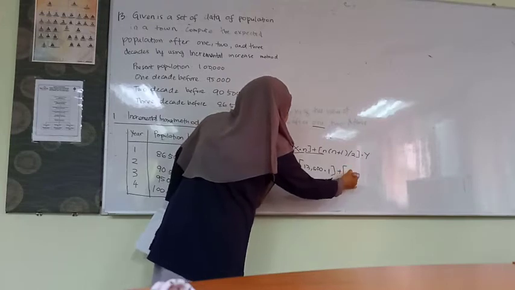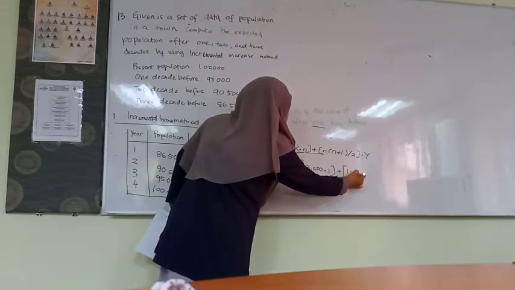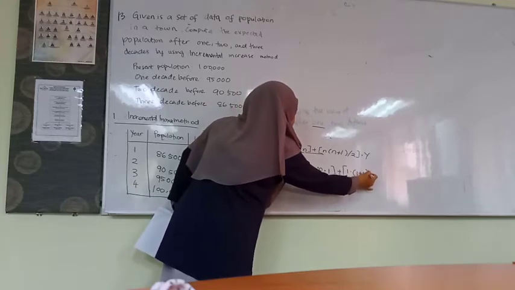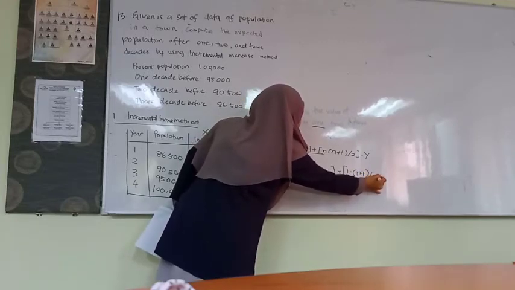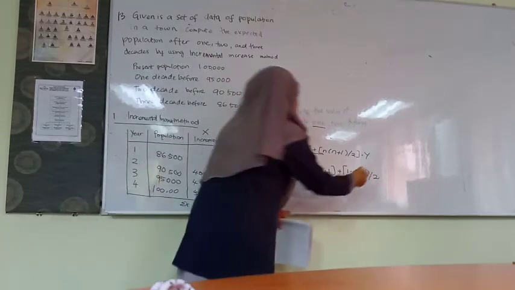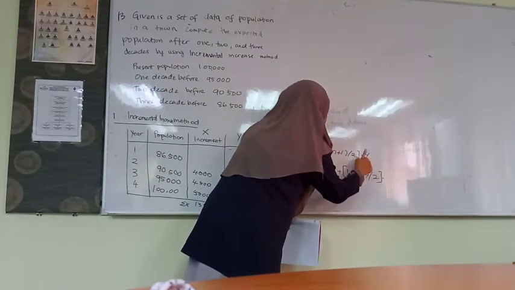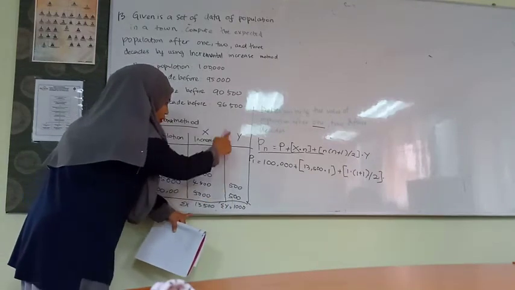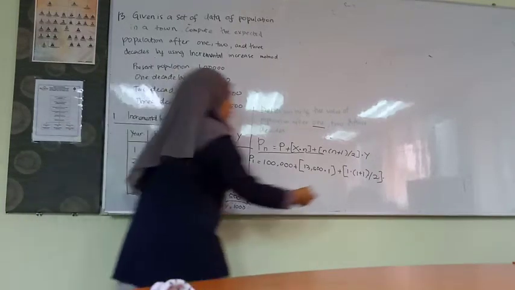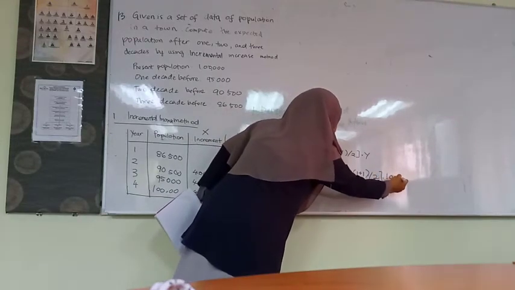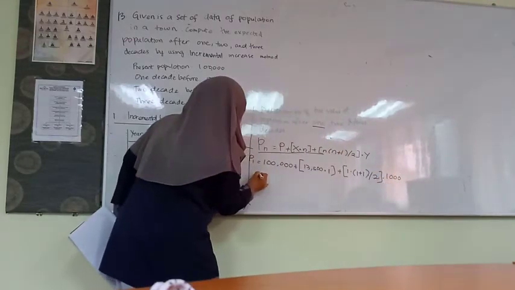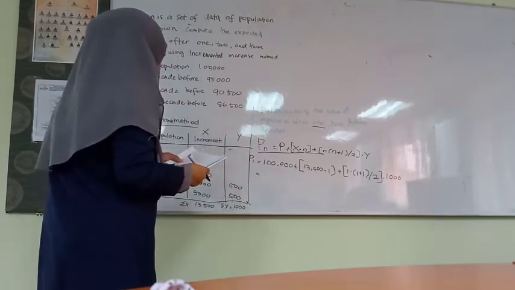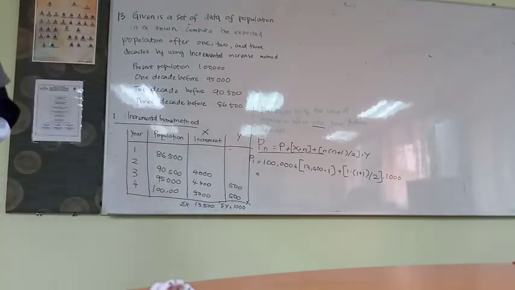Plus n again, so 1 again, plus 1, divided by 2, times Y. What is Y? Y is the incremental of this column. The value is 1,000. So we are going to have the answer. Oh, sorry, I am not calculating it yet.